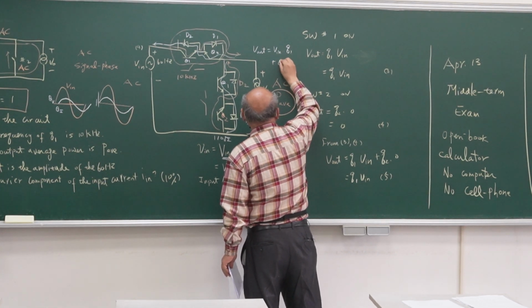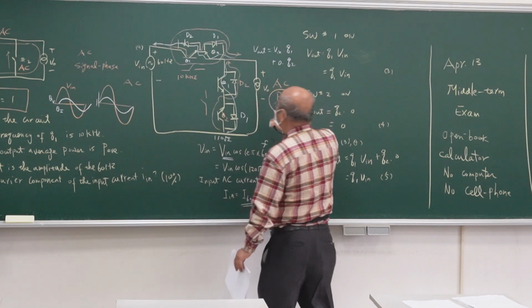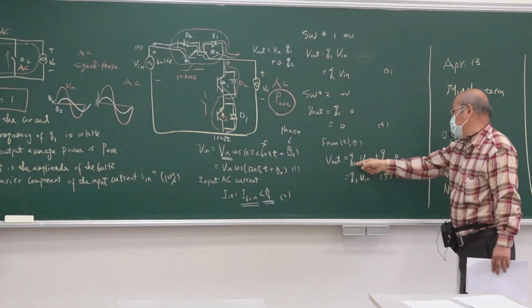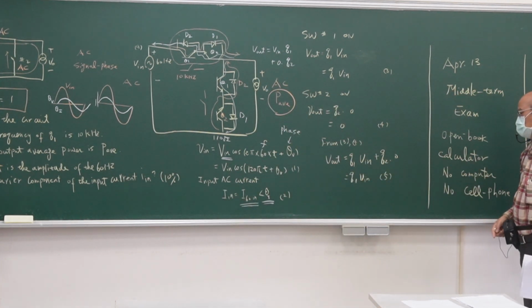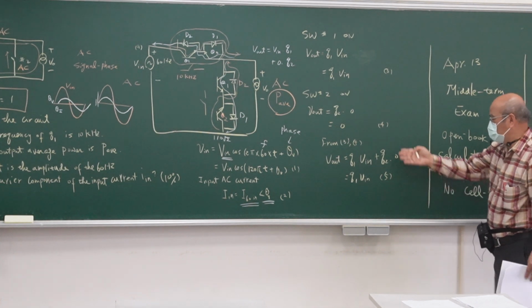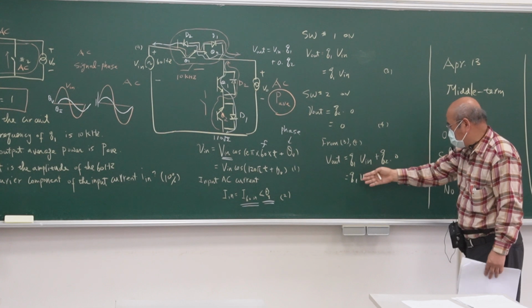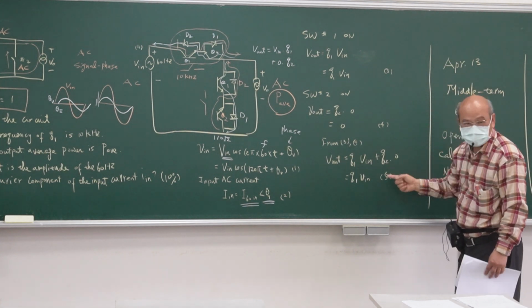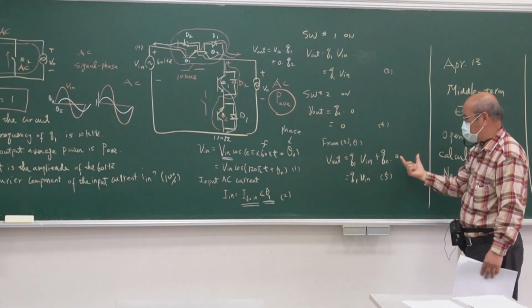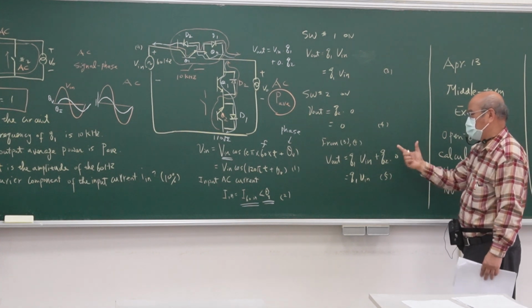If Q1 is 0 and Q2 is 1, then the output is 0. So the output switches between V in and 0.